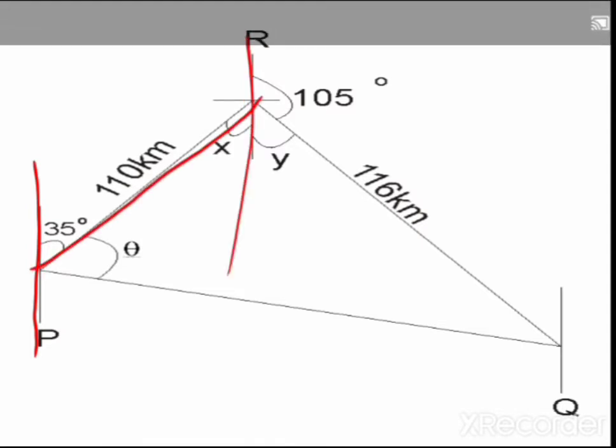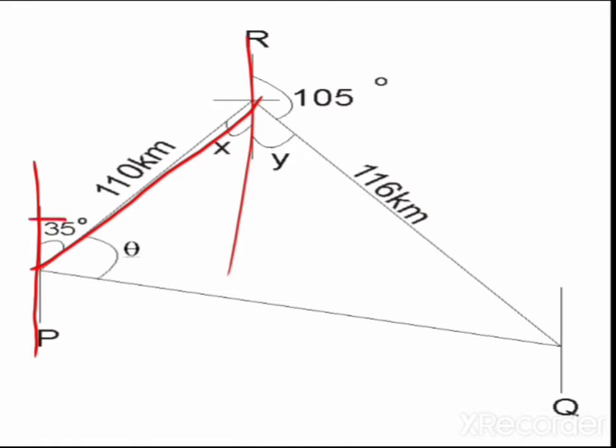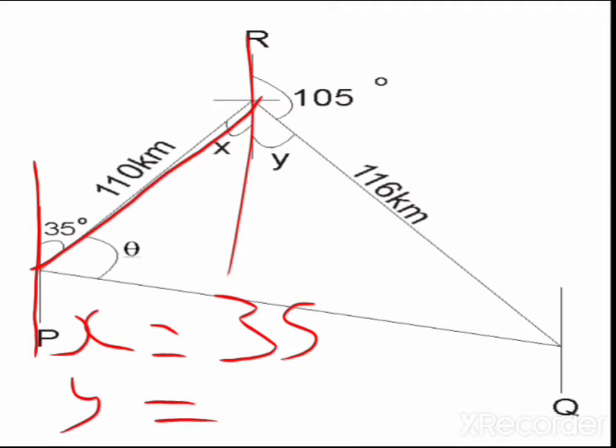Since they can never meet, we have alternate angles here. This 35 is equal to this S. They are alternate angles. We say that alternate angles are equal. So S is equal to 35 degrees, and Y is equal to 75 degrees.